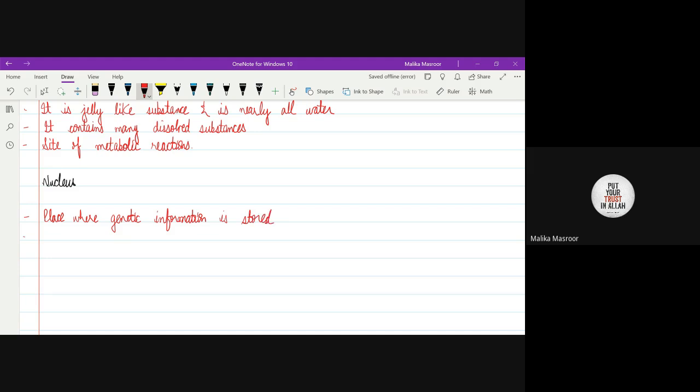Okay, so the nucleus is the place where genetic information is stored. Information is kept on chromosomes, which are made up of DNA.